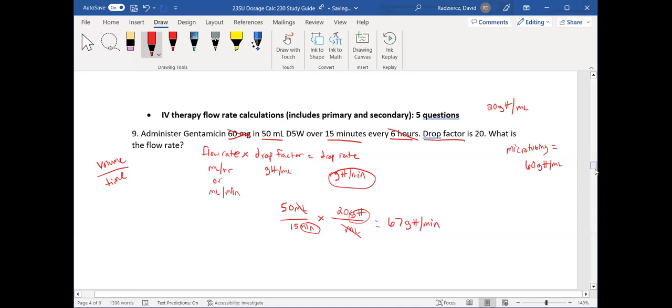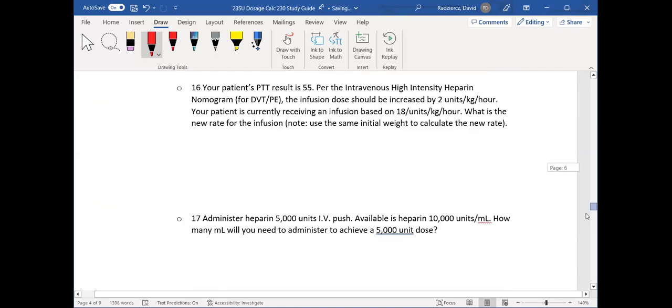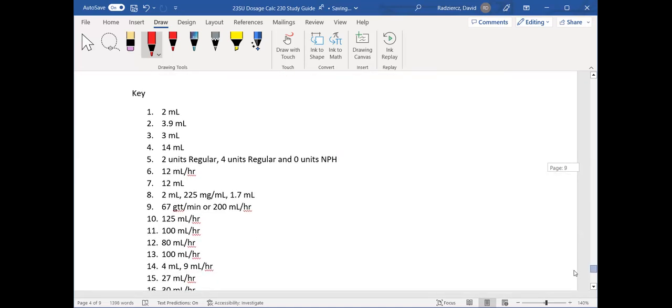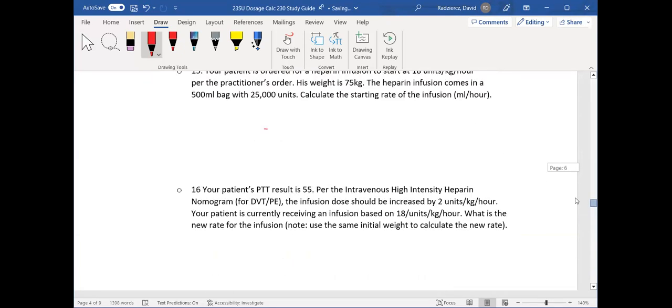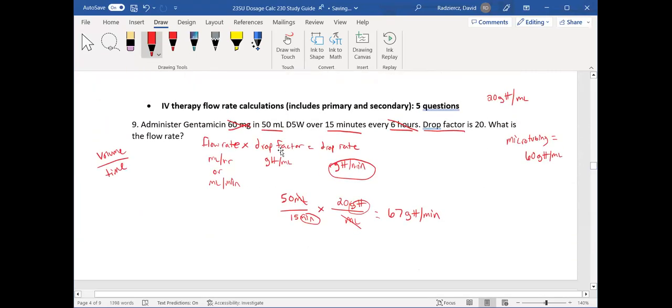So I just wanted to double check that the key says the same thing. Oh, what number is that? 9. The numbers are all over the place. Okay, so she got 67 drops per minute. She also had 200 milliliters per hour because it didn't clarify specifically what the flow rate was.